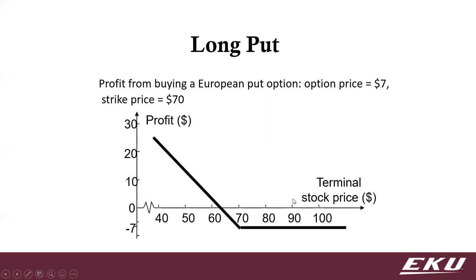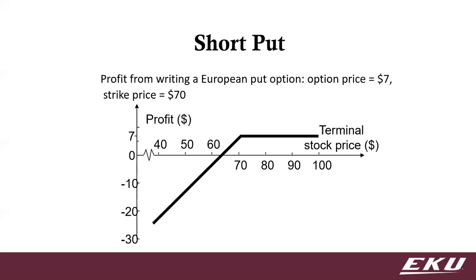So that's the most you could possibly make being long on this put. But the most you would lose is that $7. The person that wrote the put, the short put position, right? They can make the $7 that you potentially could lose, and their losses are actually capped though. They can never lose more than that 63, right?